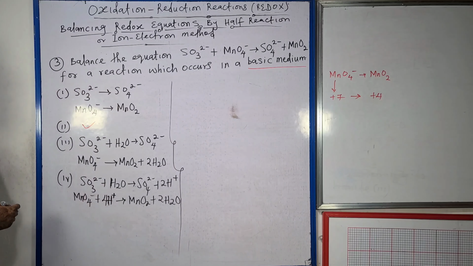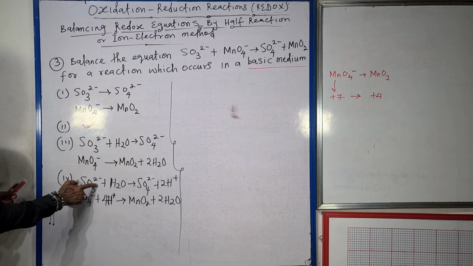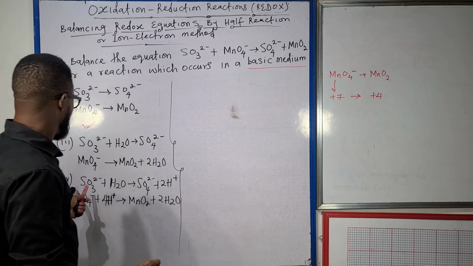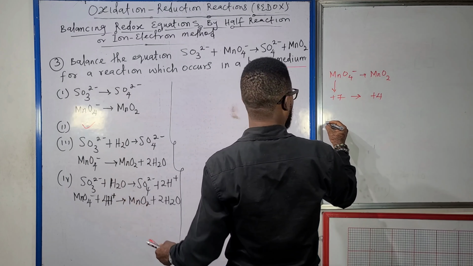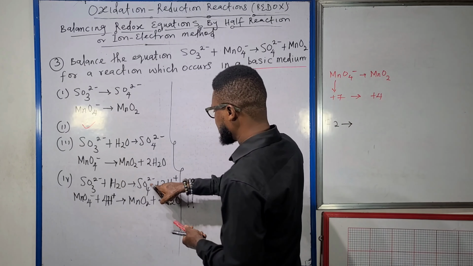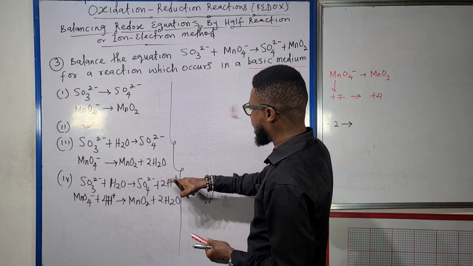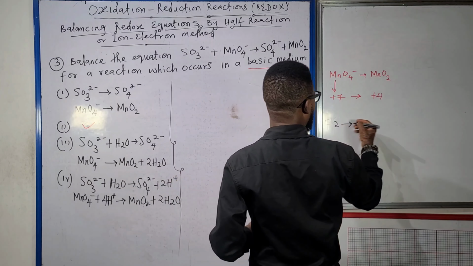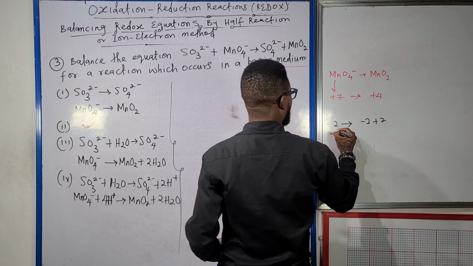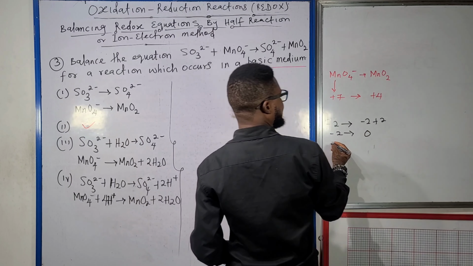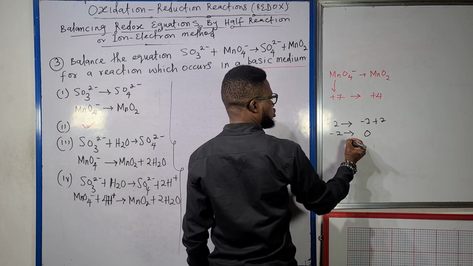Step 5 here is going to talk about balancing the charge. Now this is 2 minus here, this is 0. So for SO3 2 minus and water here, this is minus 2. On the product side, this is minus 2, and hydrogen is plus 1, 2 times plus 1 is plus 2. So this will be minus 2 to 0. The difference between what I have here and what I have here is 2 electrons.